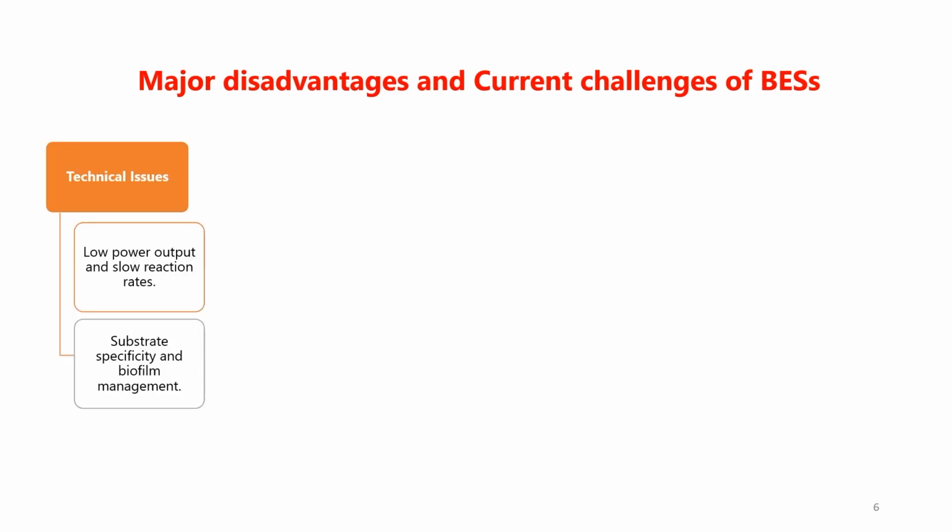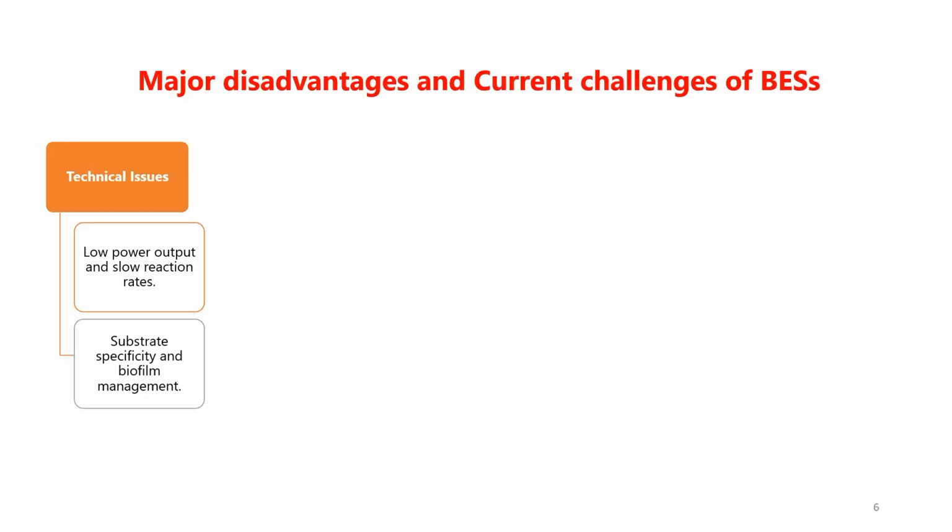For example, we have the scope of obtaining green energy by these BES. But while offering so many advantages, which were discussed in the earlier slides, they also suffer from certain disadvantages. Some of the disadvantages are related to technical issues. For example, lower power output and slow reaction rate.